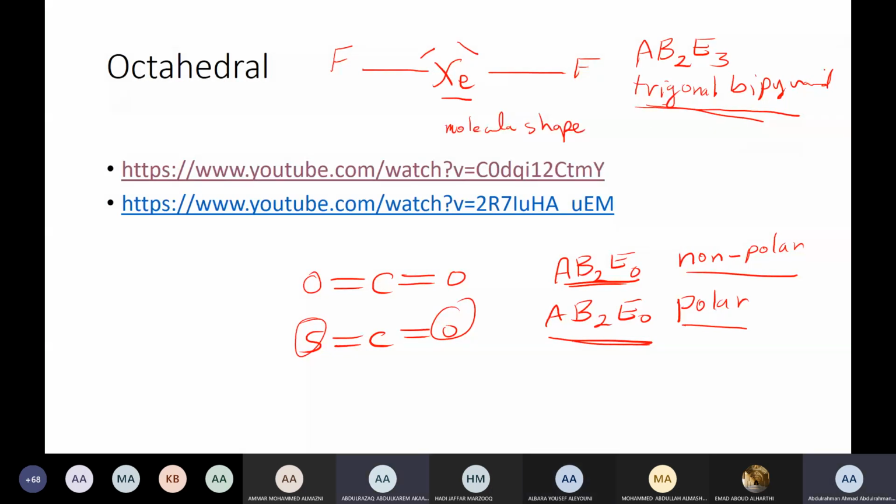Straight. This is straight. I agree with this. And the last question, is this polar or non-polar? Non-polar.